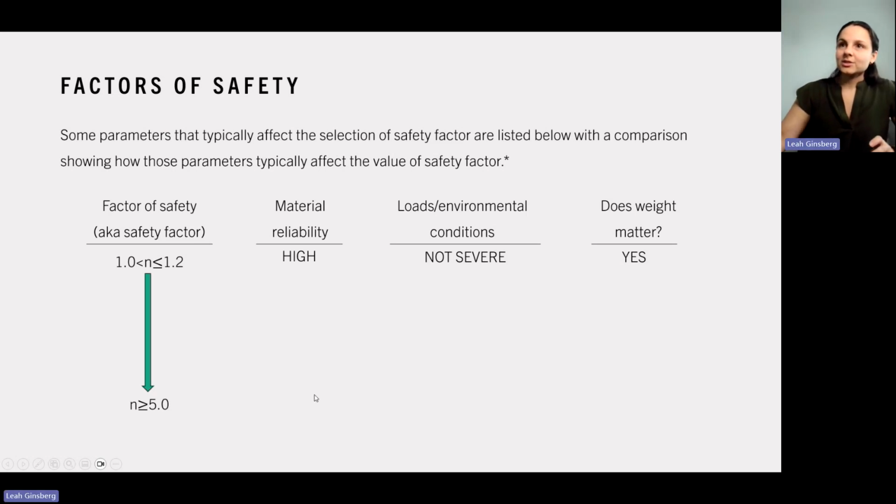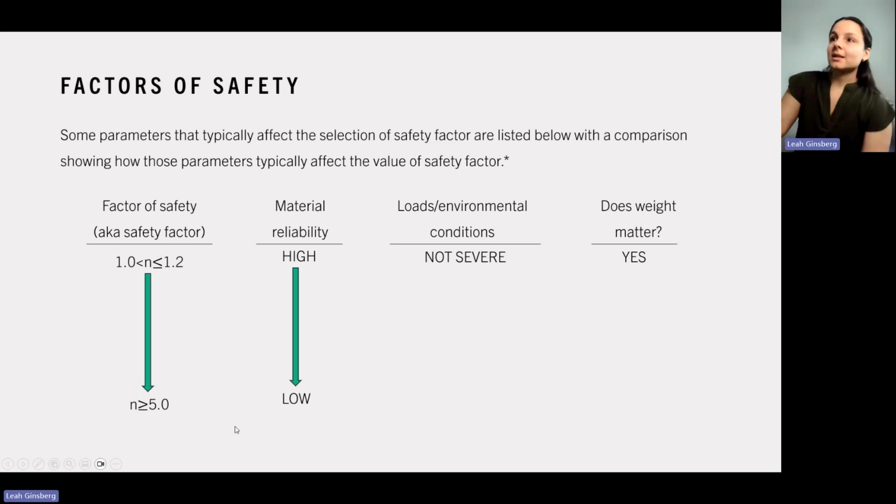Okay, and then factors of safety can go higher than 5, and this would be in applications where we have a low material reliability.